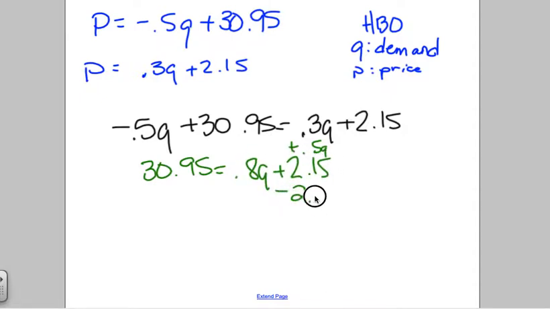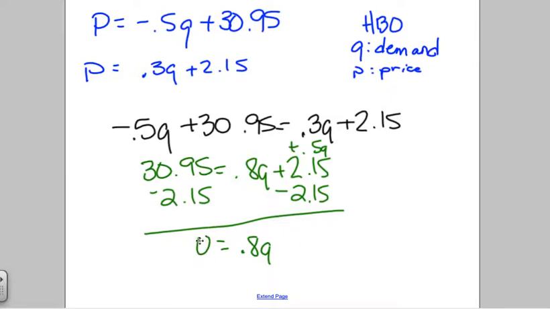Now subtract 2.15. That gives me 0.8 Q equals 28.80. Now divide by 0.8. So 28.80 divided by 0.8 is 36. That means my quantity at equilibrium is 36 items, or for this example, 36 HBO subscriptions.